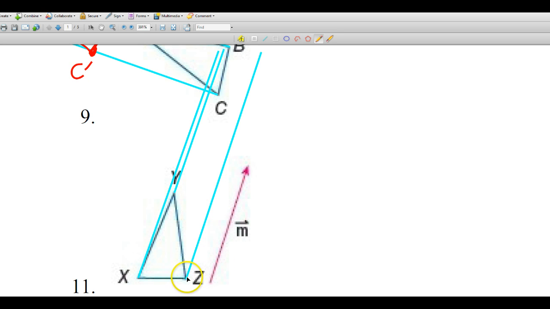Mark off distances equal to that on each line. And connect your vertices.